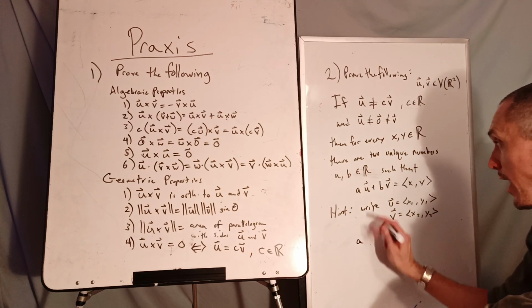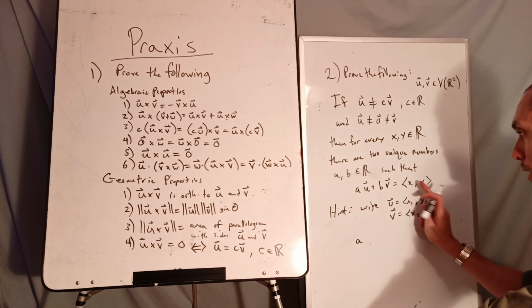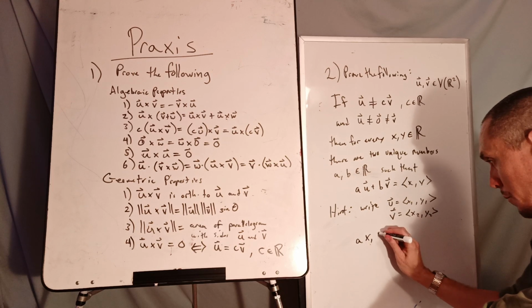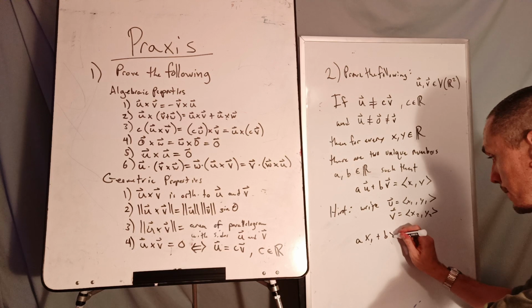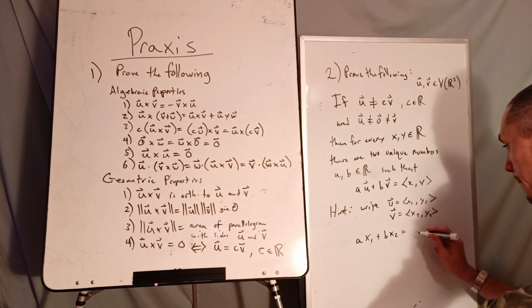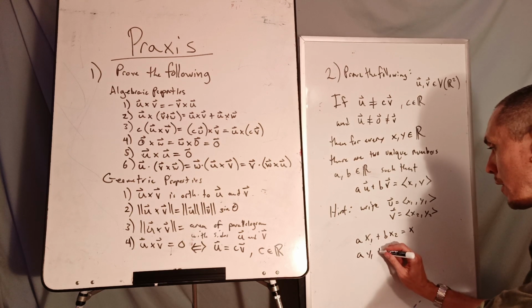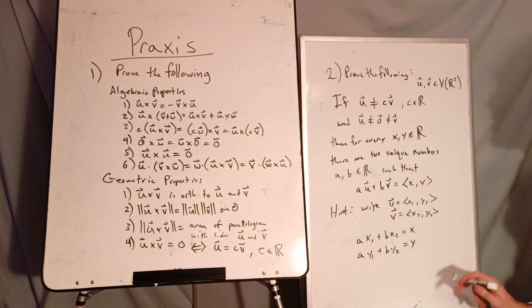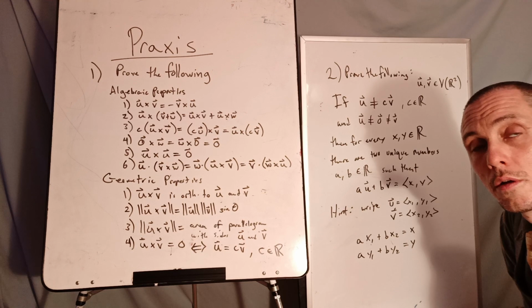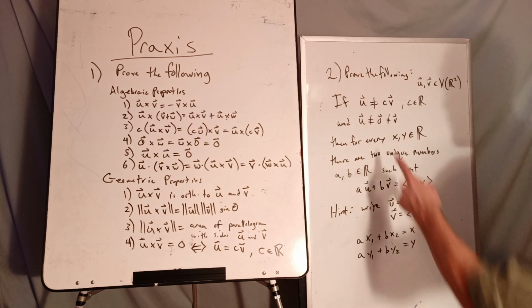It means that a times x1, if you distribute a in here, plus b times x2 has got to be equal to this number x, and you have a times y1 plus b times y2 is equal to this number y. Now remember, a and b are your unknowns. Can you solve this equation? Yes? No? Maybe? Sometimes?